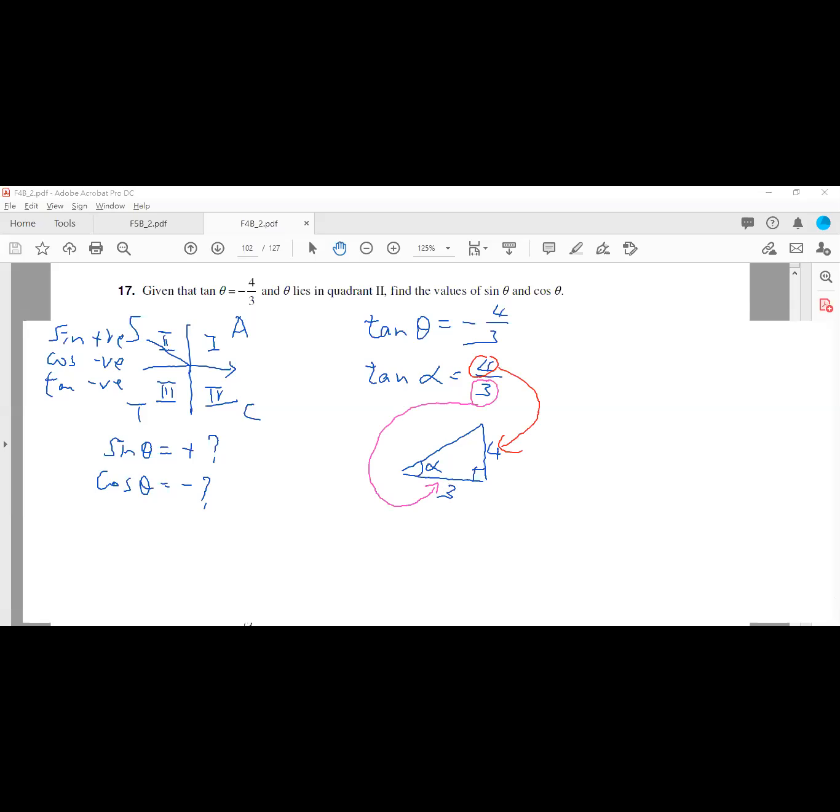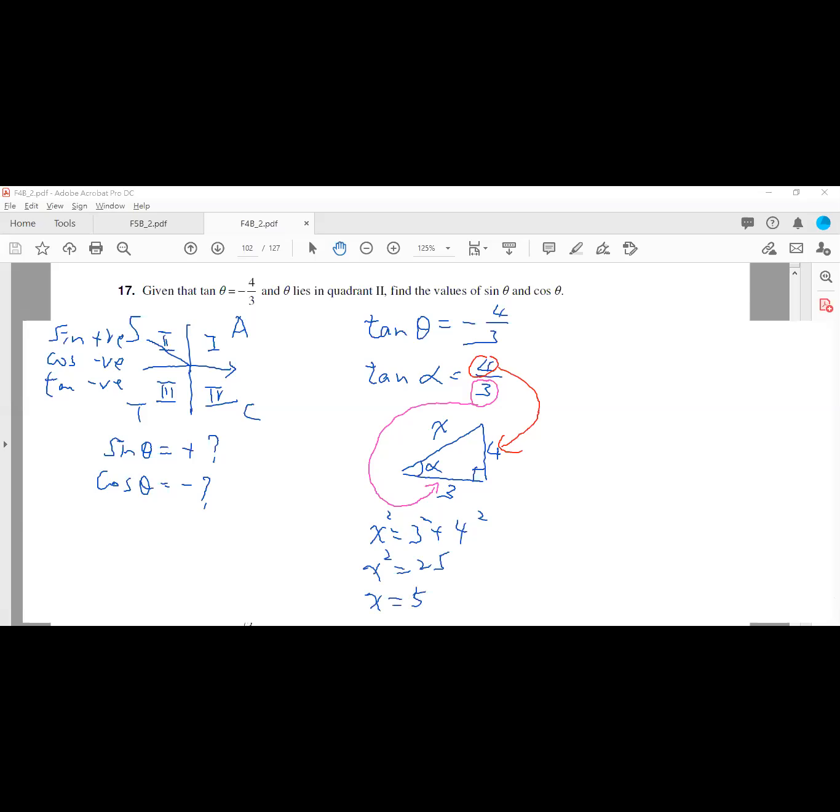Adjacent side. Okay, and then we will let x be the third side. And we are going to use the Pythagoras theorem to calculate the value of x. So x squared is equal to 3 squared plus 4 squared. Okay, so x squared is equal to 25. Then x is the square root of 25, which is equal to 5.